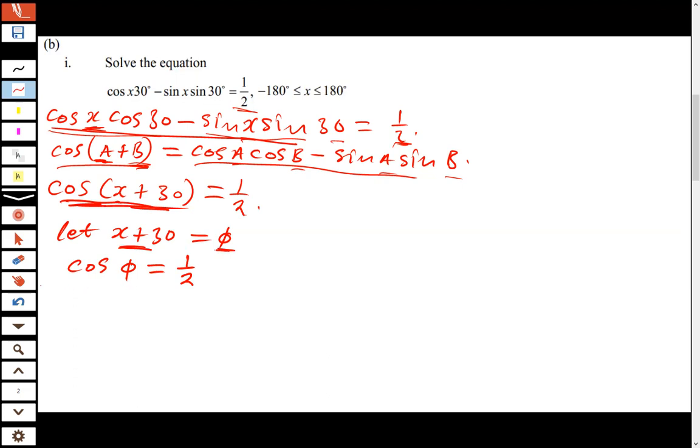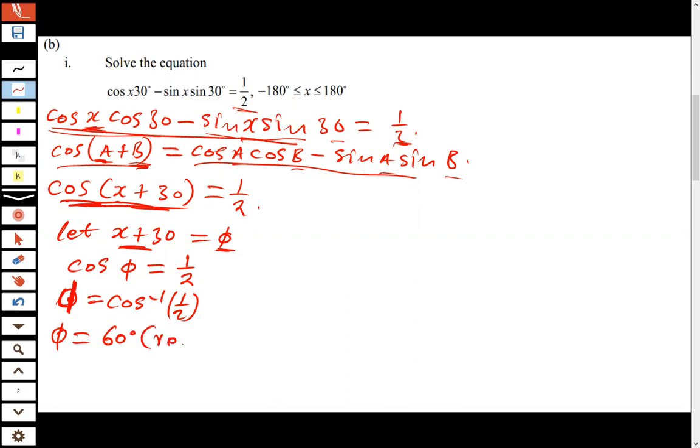To find the reference angle, we say phi is equal to cos inverse of 1 over 2. The cos inverse of half is simply equal to 60 degrees.